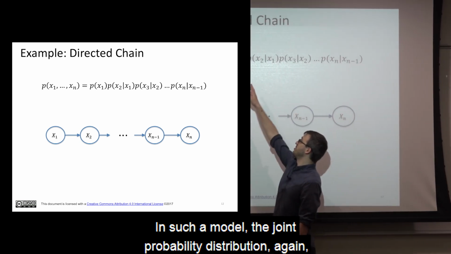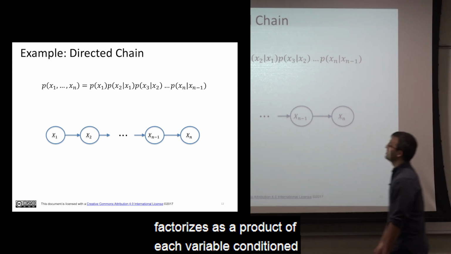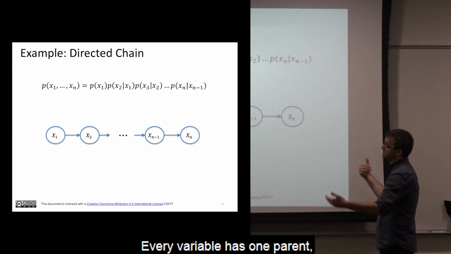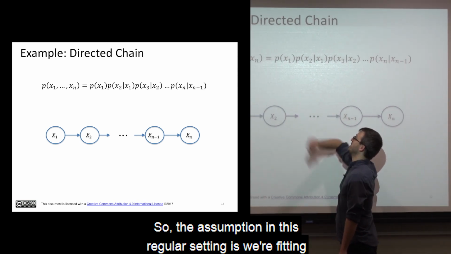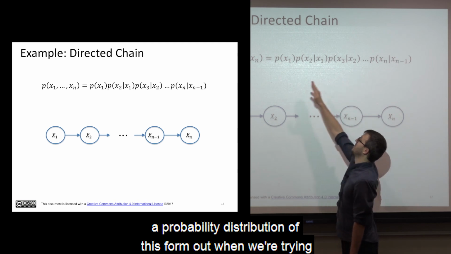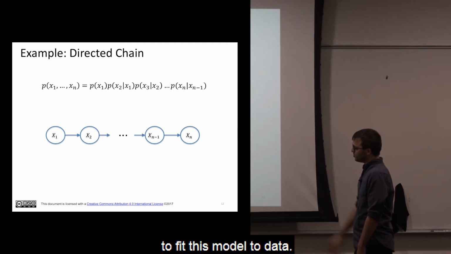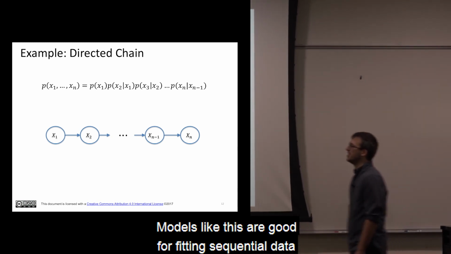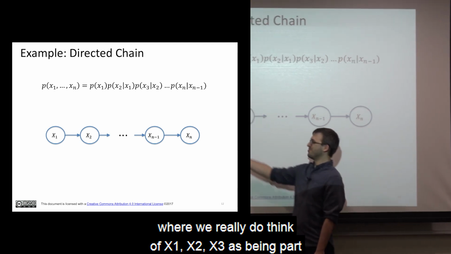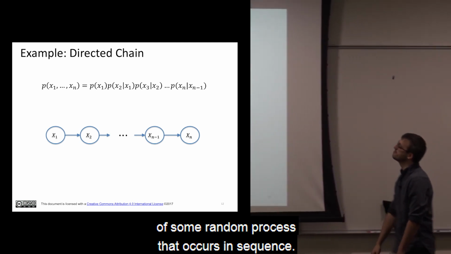In such a model, the joint probability distribution again factorizes as a product of each variable conditioned on its parent. Every variable has one parent, and they're basically in sequence here. So the assumption in this particular setting is we're fitting a probability distribution of this form when we're trying to fit this model to data. Models like this are good for fitting sequential data, where we really do think of x1, x2, x3 as being part of some random process that occurs in sequence.